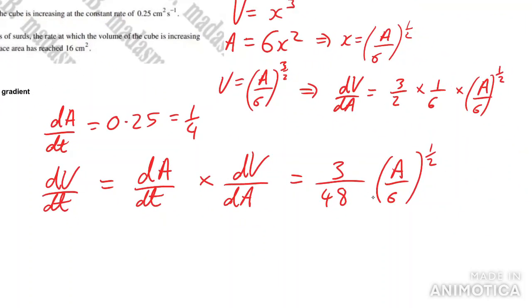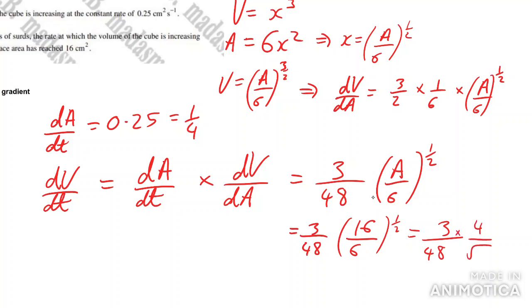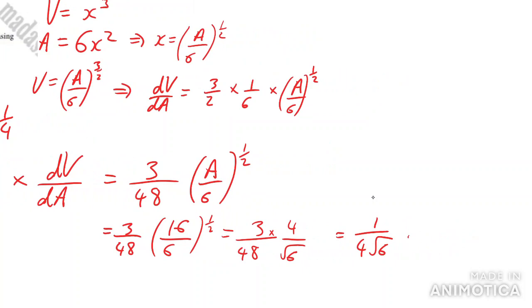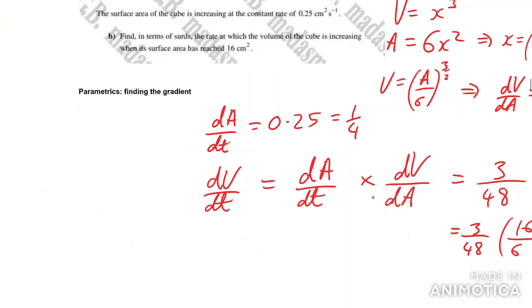So just plugging that in, we get 3/48 times (16/6)^(1/2), which is 3/48 times 4/√6, which is 1/(4√6), or simplified, I suppose that would be √6/24. And that's it.